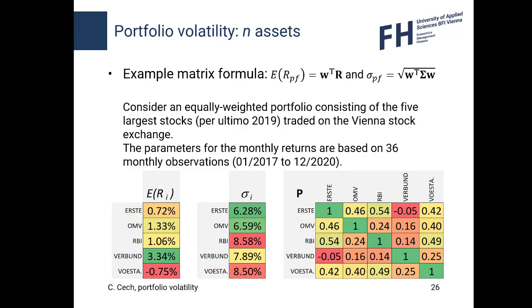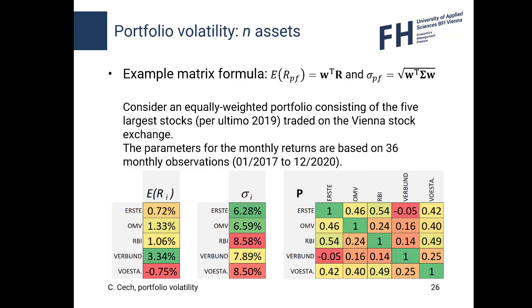What I have considered in this example is that we have an equally weighted portfolio consisting of 5 stocks, which means that the respective portfolio weights are 20% for each stock, and the constituents are the 5 largest stocks that are traded on the Vienna stock exchange.